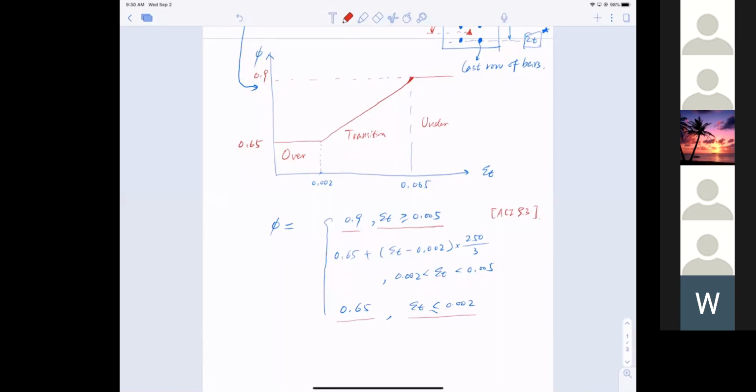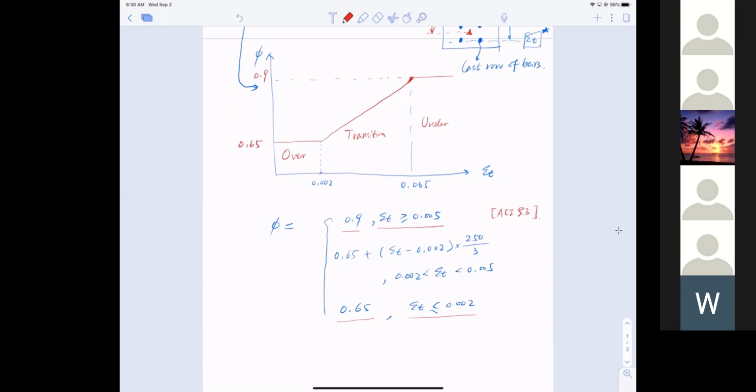If I have yield in the beam, I have more safety, so I assign a higher strength reduction factor. When I have no yield in the beam, I have more concern about safety, so I reduce more and use a smaller factor. That means we prefer yielding.